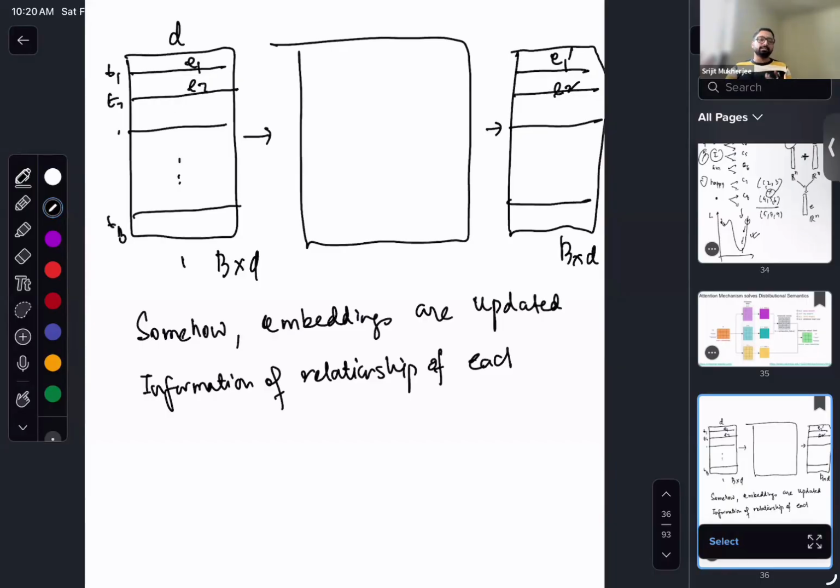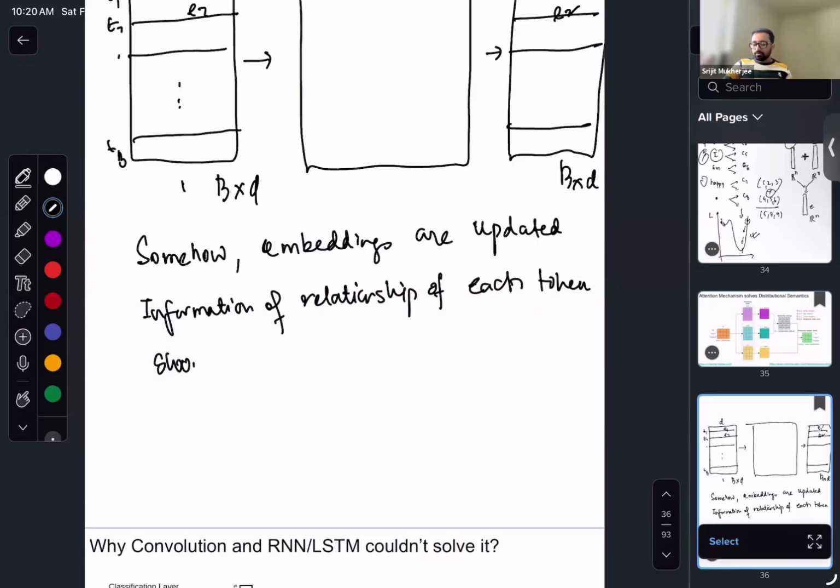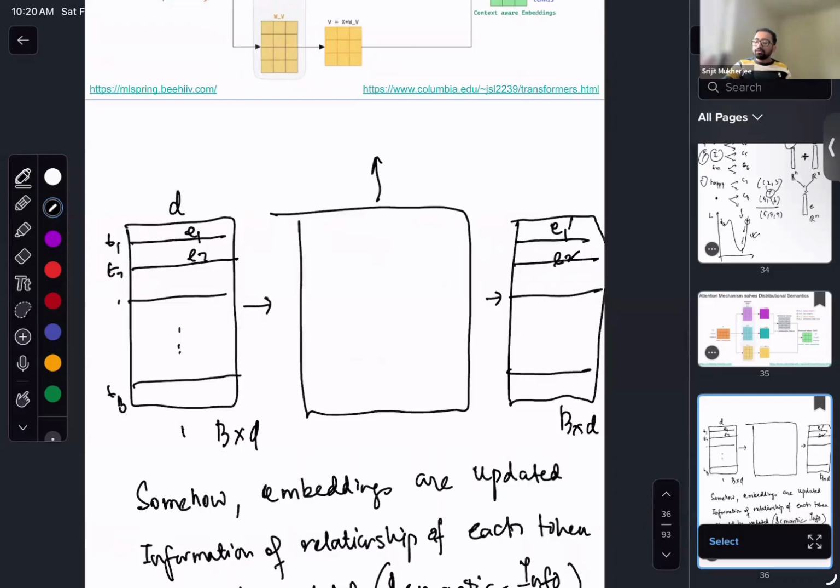The statistical semantics, that means the distributional semantics, the semantic information should be updated, right? So whatever is happening in this module should update the semantic information. Does it make sense, guys? All of you? Yes or no?